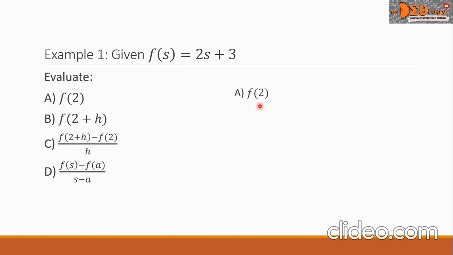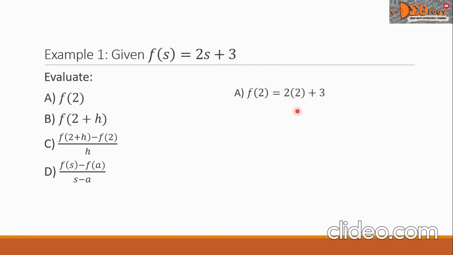To evaluate f of 2, we are going to copy again the given function. We will write here, but instead of s, we will substitute the value that is written here, which is number 2. So we have now 2s becomes 2 times 2 plus 3.